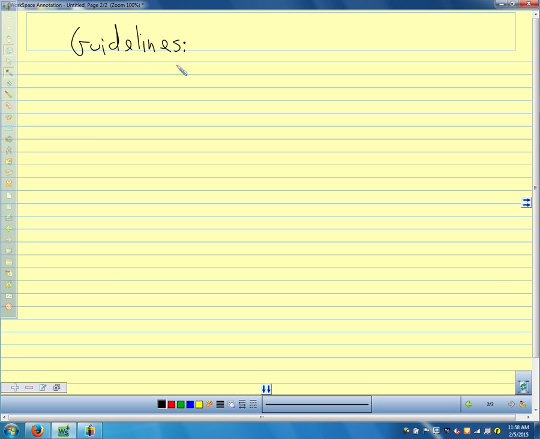What are the guidelines? We want to isolate the exponential function. And when we say isolate, what we mean is we're getting it by itself on one side of the equation.